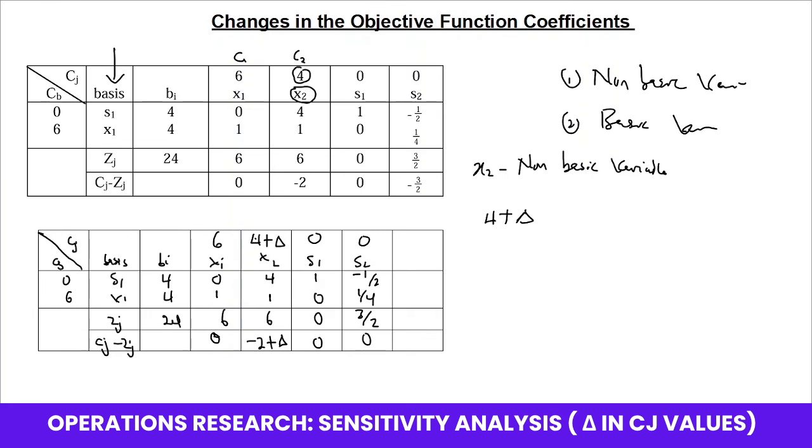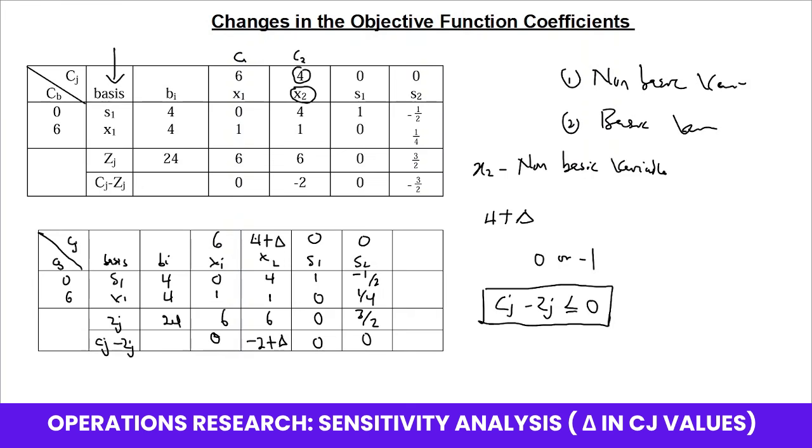For us to terminate the simplex method, the values for Cj minus Zj have to be 0 or negative numbers, which means that Cj minus Zj is supposed to be less than or equal to 0. When this condition is satisfied, our simplex table is optimal, or we have the optimal solution.